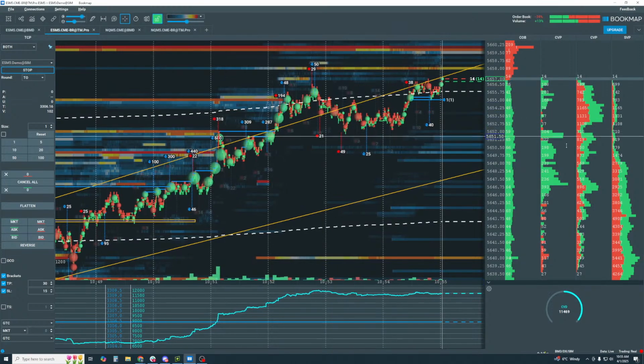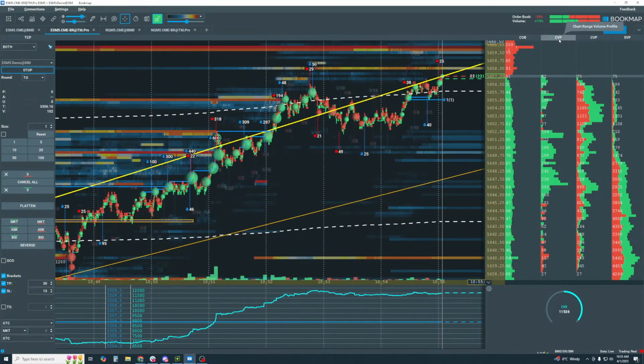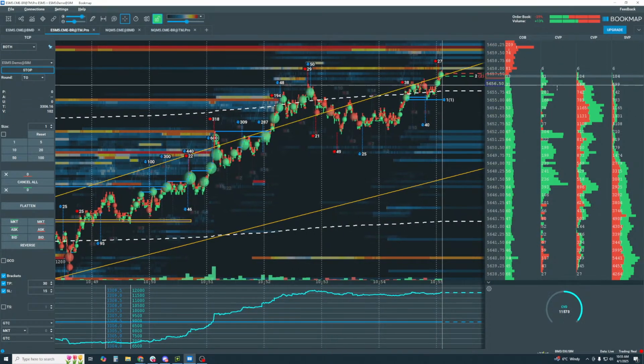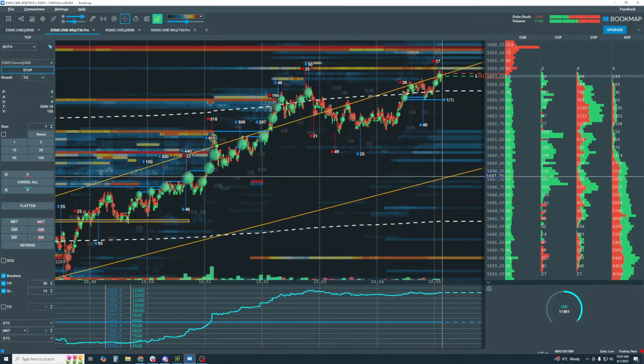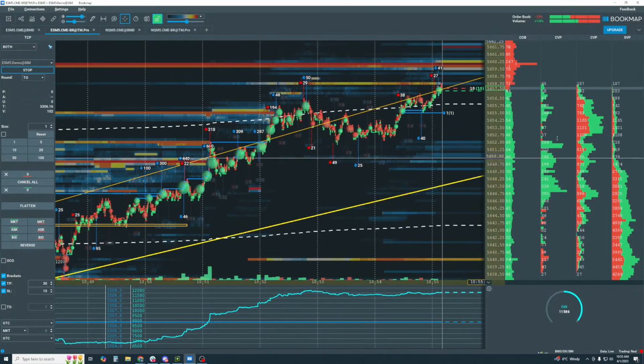God, look at all that buying in the delta here. Well, the delta column here that we have for the chart range volume profile. Tons of buying.